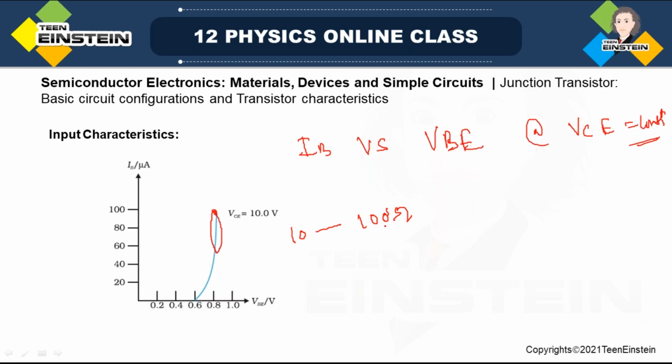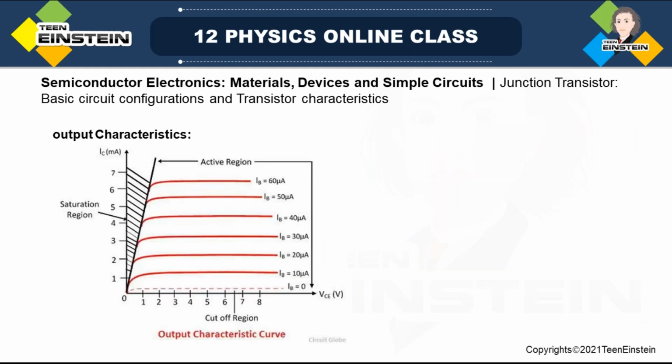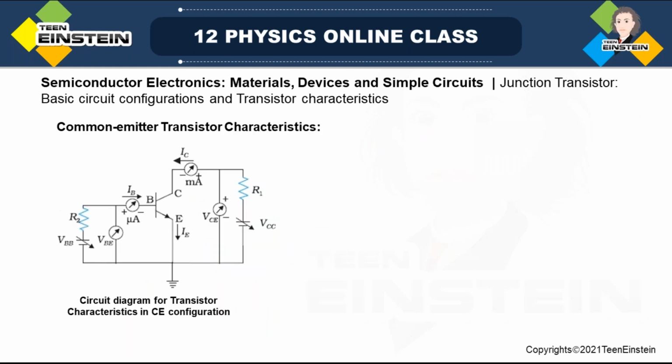All right, so this is input characteristics. And now we'll just go to the output characteristics. So this is very interesting. We have to first understand what is called output characteristics. So I'll just go to this circuit again.